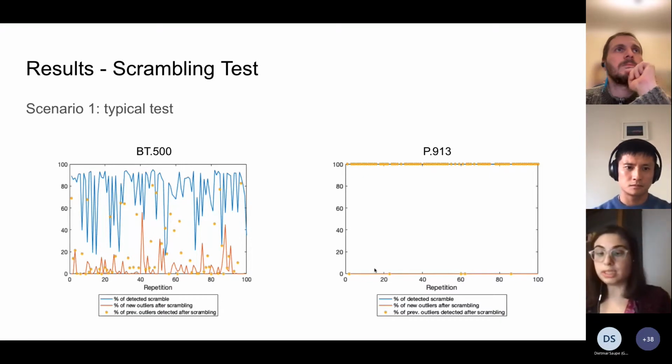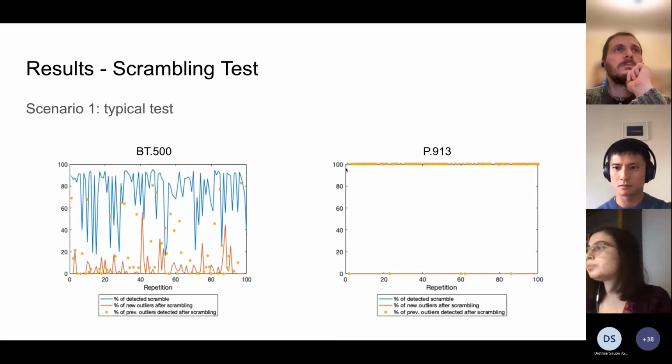Then if you remove one subject because you're scrambling it and it's detected 100% of the time, so the subject is removed, then the next time maybe the correlation with 24 subjects is such that it's not detected anymore because it's brought a bit higher, but it was not the case before.